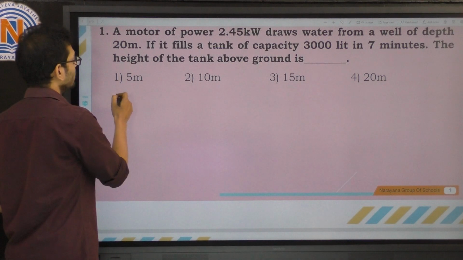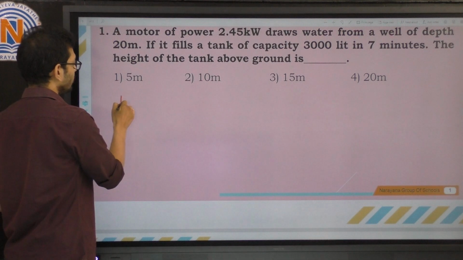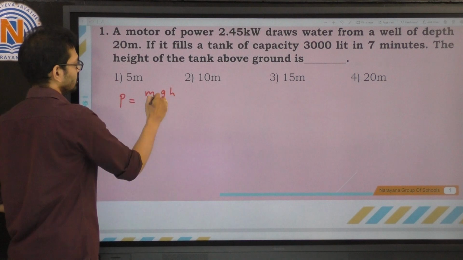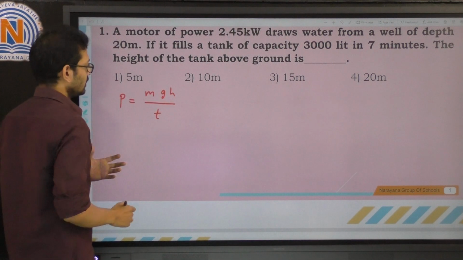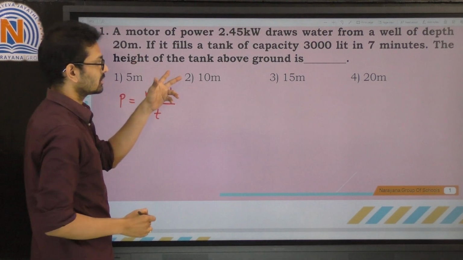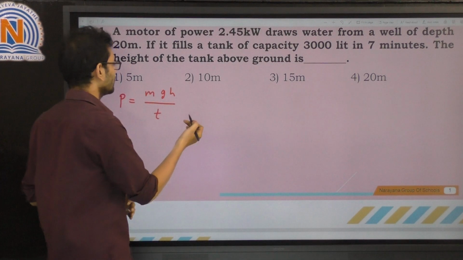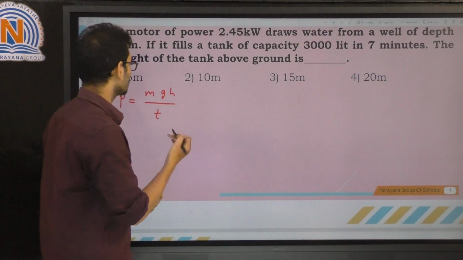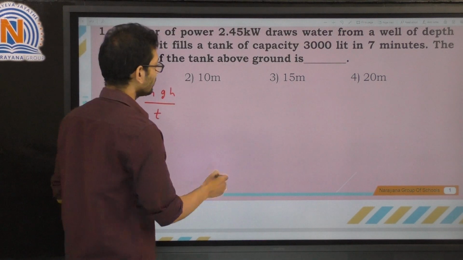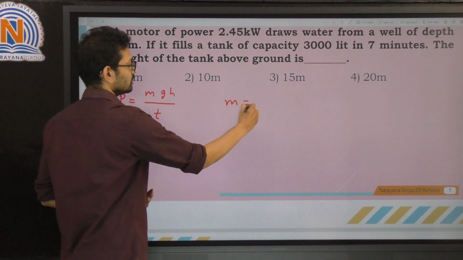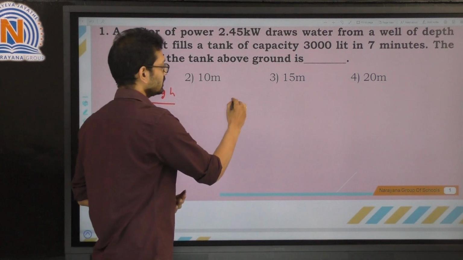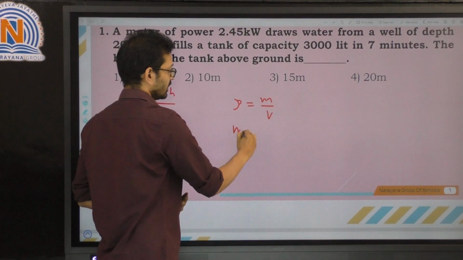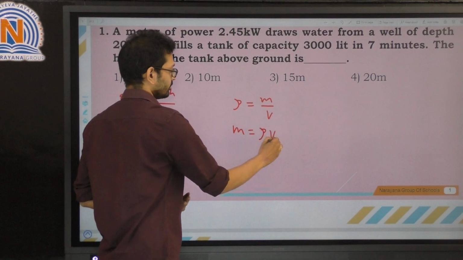From here we know the power formula: P is equal to mgh by t. But here we don't have mass, they have given it in terms of liters. So we will be using the density formula: density is equal to mass by volume, and from there mass is equal to density into volume.